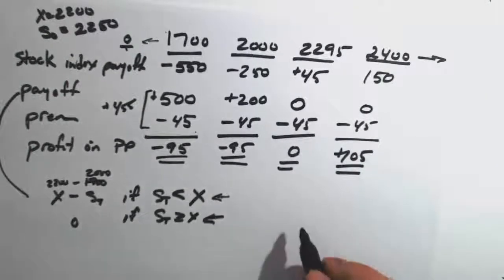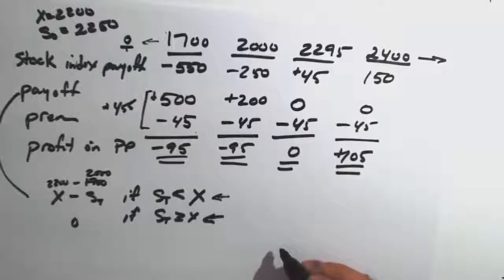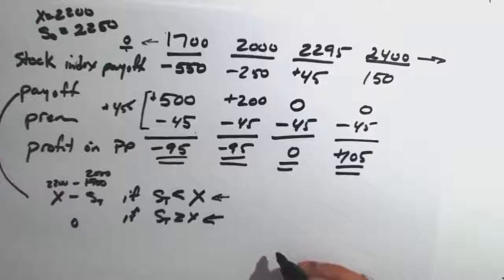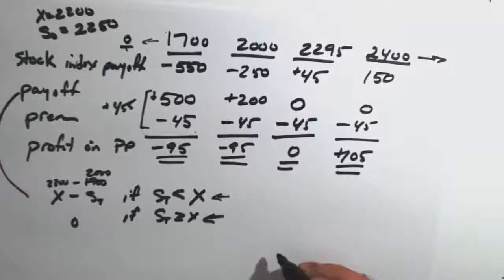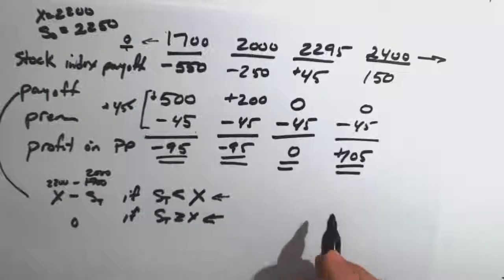If you go back and think about it, what we did with the covered call, we had a one-to-one basically, or one contract for every 100 shares, because remember, an option contract controls 100 options, which basically controls 100 shares. So it's a one-to-one.